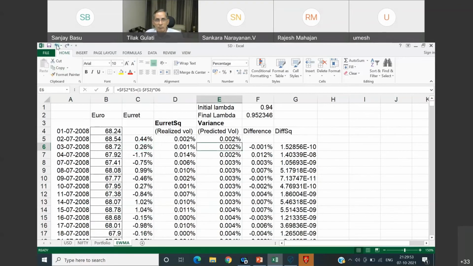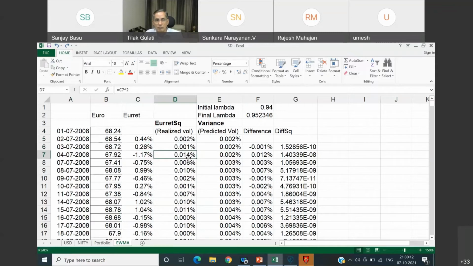Can I go back even further? No, I can't go back further. So this is a prediction, a forecast of tomorrow's volatility. This is a prediction for this volatility.